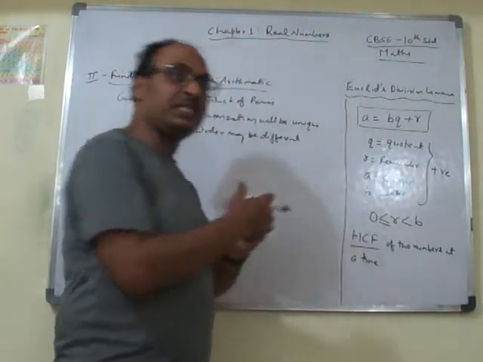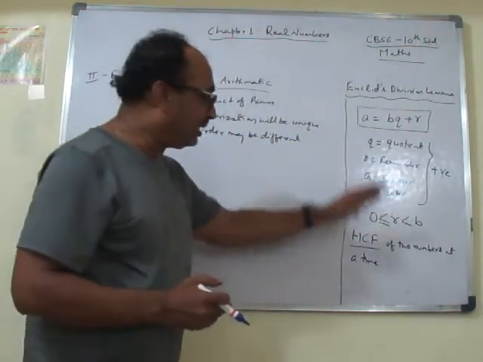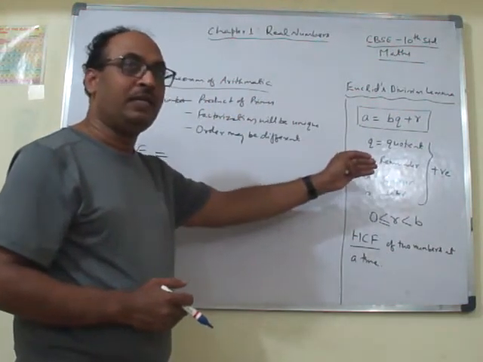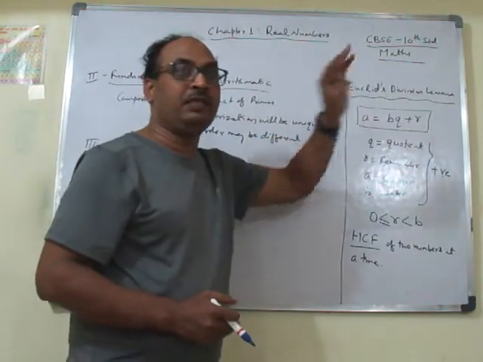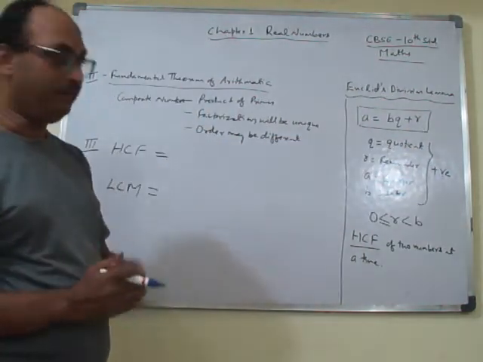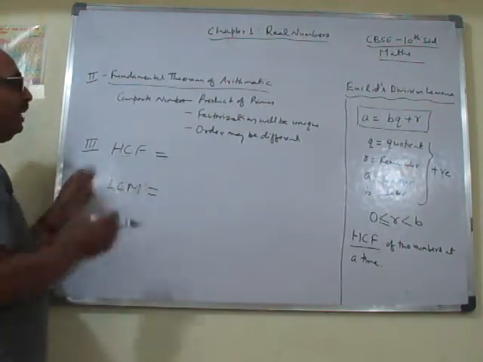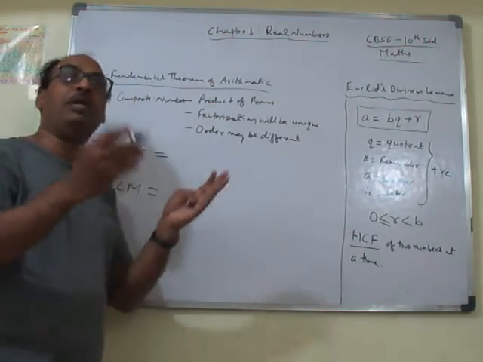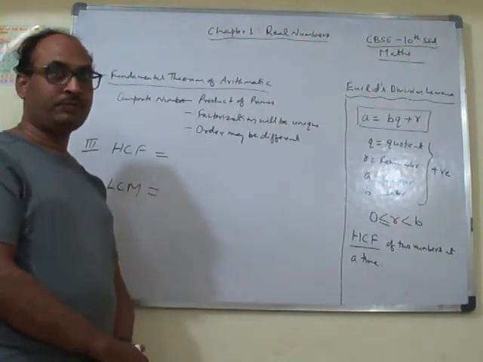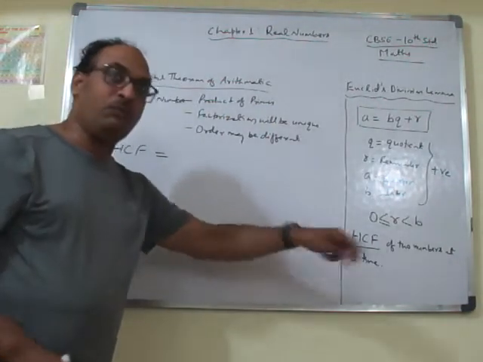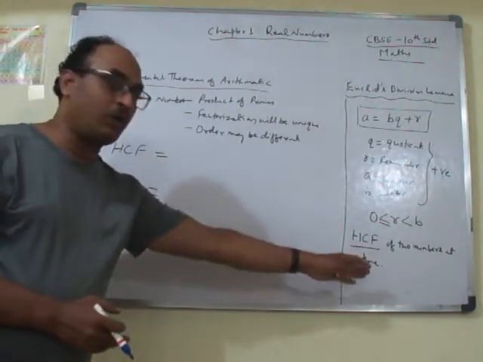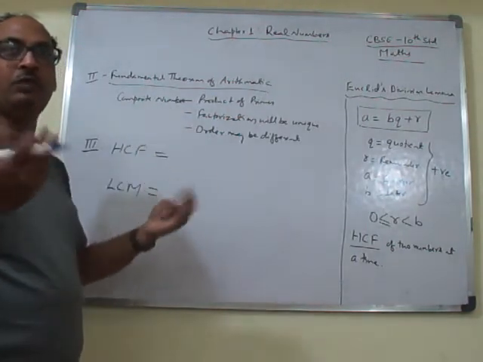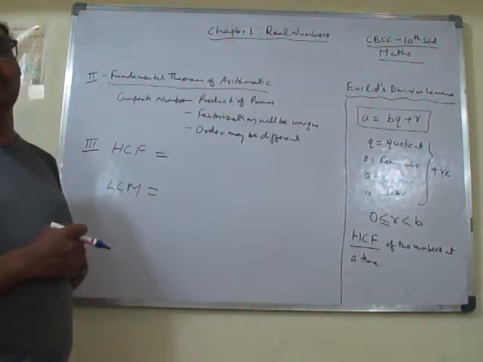Here also we discussed HCF, but finding this HCF was different before, because we were using Euclid's division algorithm or lemma. Here we find HCF on the basis of the fundamental theorem of arithmetic, by converting the numbers into products of primes. With Euclid's lemma we could only find HCF, not LCM, but with this theorem we can find both HCF and LCM.